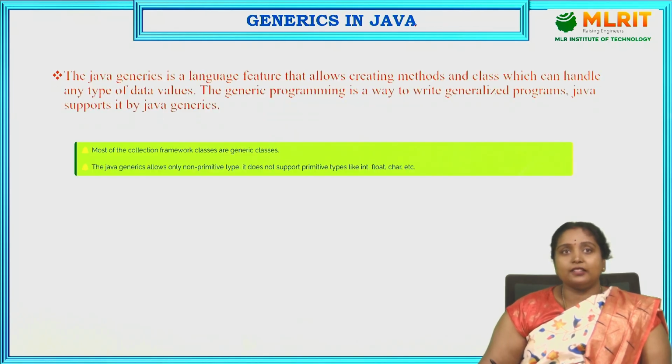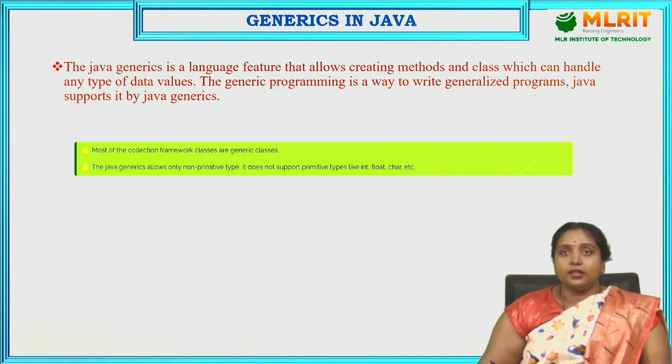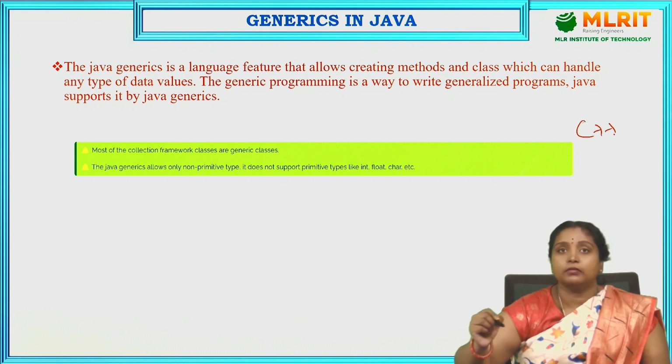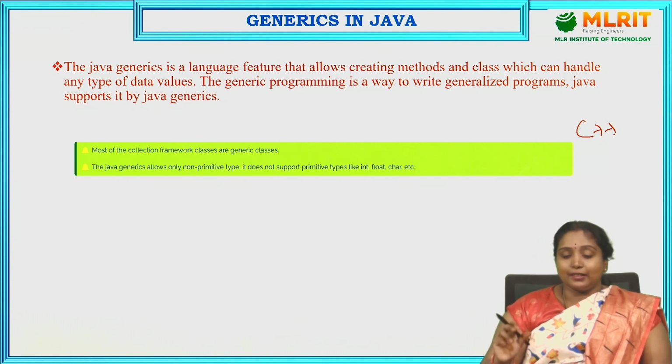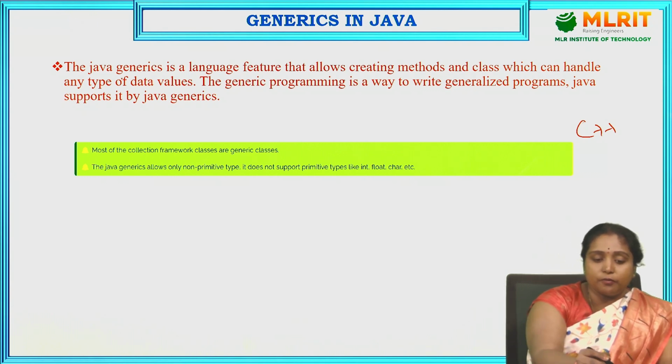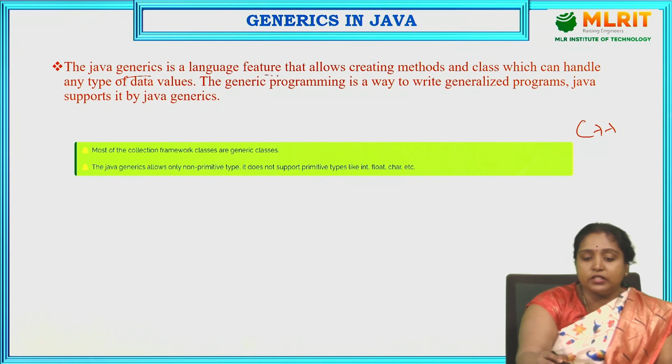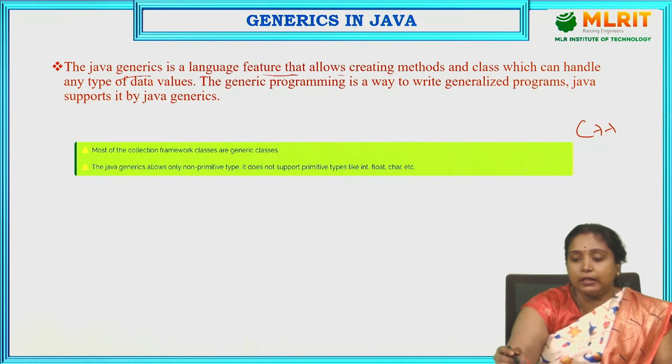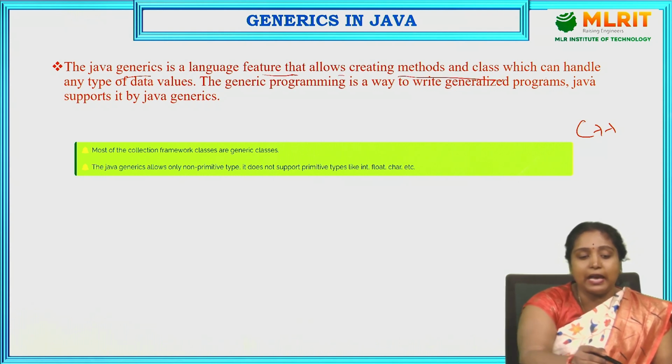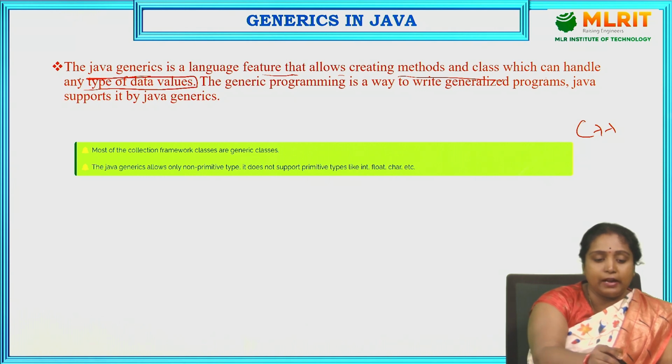Coming to generics in Java. Generics was introduced in C++. So what is generics? It is a language feature that allows you to create methods and classes which can handle any type of data values.